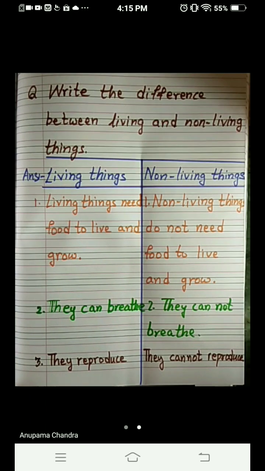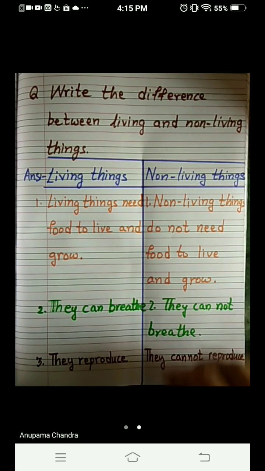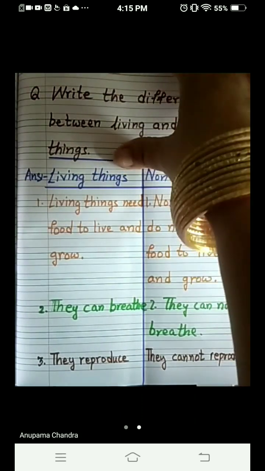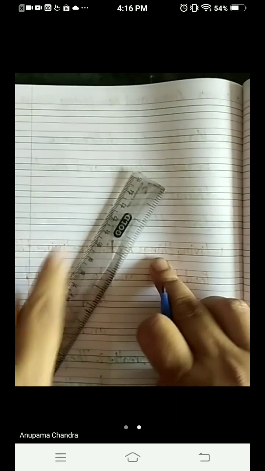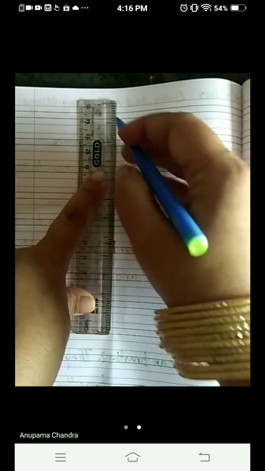Okay. Let me turn the page, children, so that we can write number 4. Again, in this page, you will have to draw the line, children.